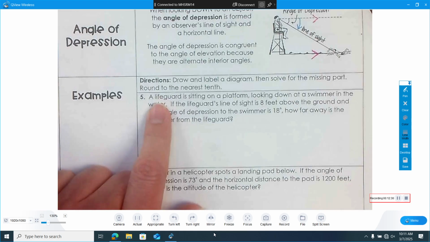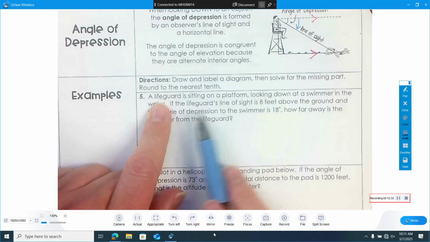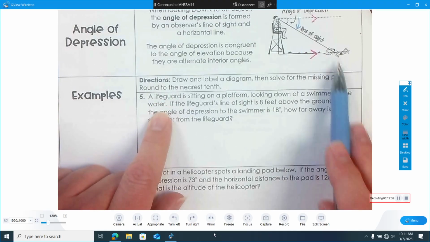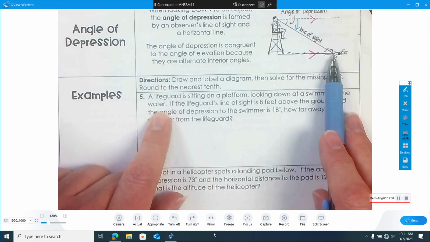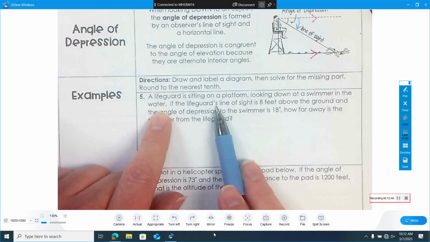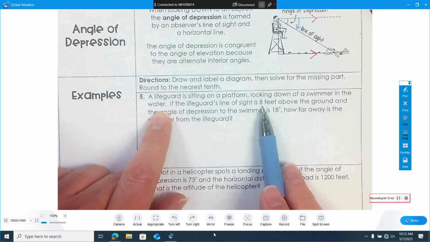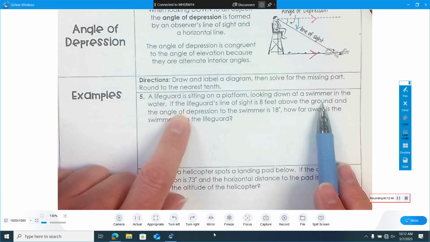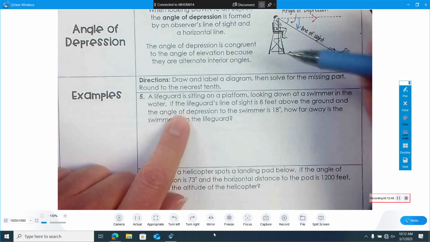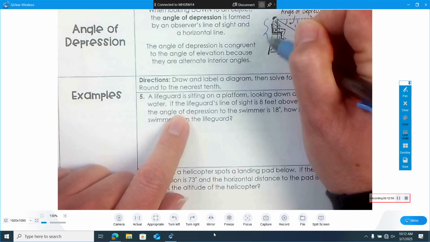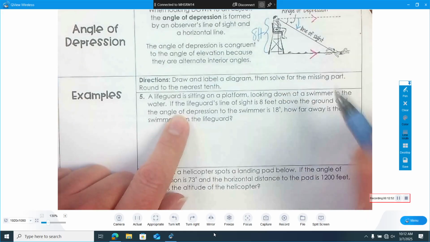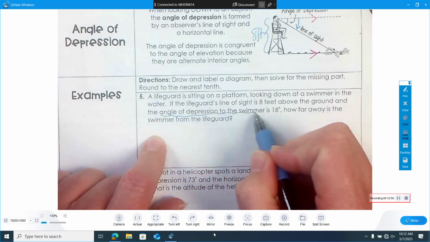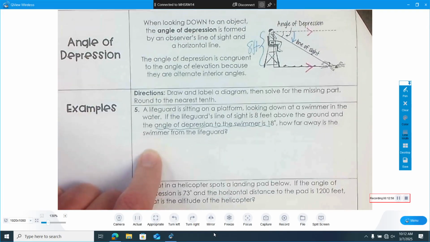So let's look at this one. A lifeguard, here's our picture. A lifeguard is sitting on a platform looking down at a swimmer in the water. So there's that swimmer in the water. If the lifeguard's line of sight is 8 feet above the ground, so he is sitting 8 feet above the ground, and the angle of depression to the swimmer is 18 degrees.